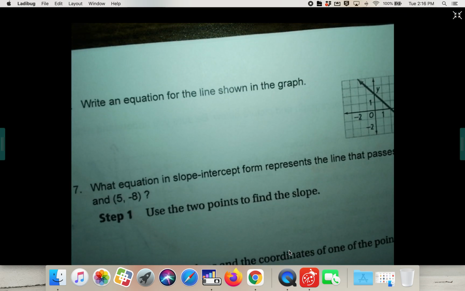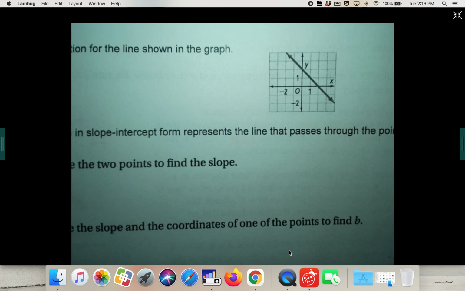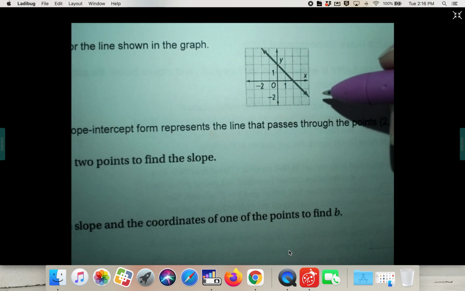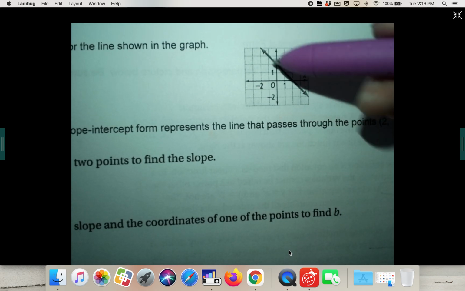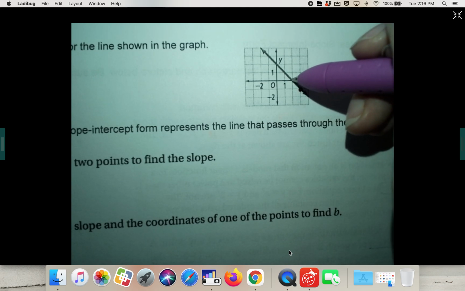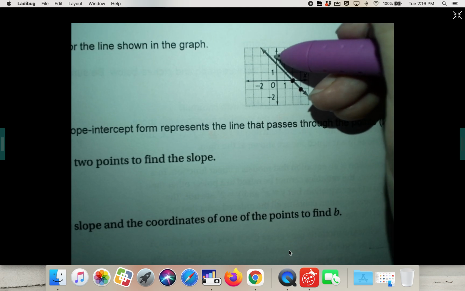Number 6 says write an equation for this line. So if you want to push pause and try it on your own, this is a good idea. If you're not quite ready for that, first thing you want to do is find 2 points that it crosses through. I see one here, and maybe just one there. Is it just 1/1 every time? Yeah, it is.